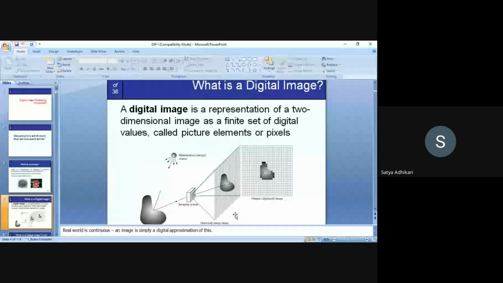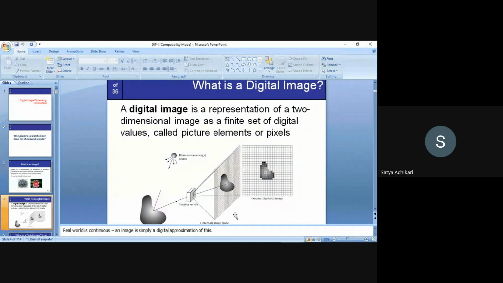It is nothing but a 2D representation on the screen, represented by digital values called picture elements or pixels. We are very familiar with the word pixel. There are some other words to represent a pixel, which we will discuss in the next slide. So it is a digital image when it is represented in two dimensions. The two-dimensional values we will discuss in detail.